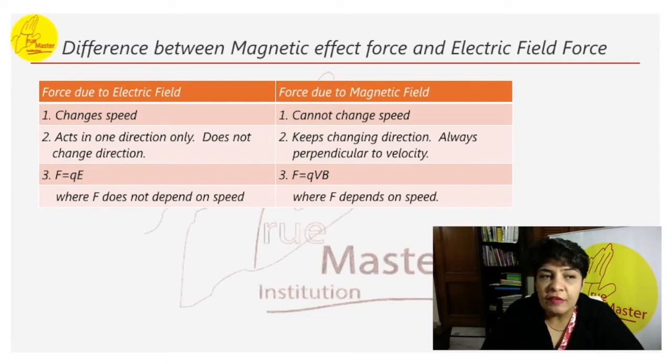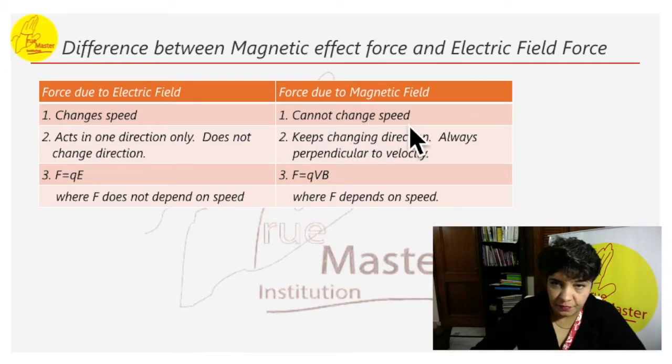Now comparing force due to electric field and magnetic field. Force due to electric field changes the speed of the charge. So electric field changes the speed and magnetic field cannot change the speed.